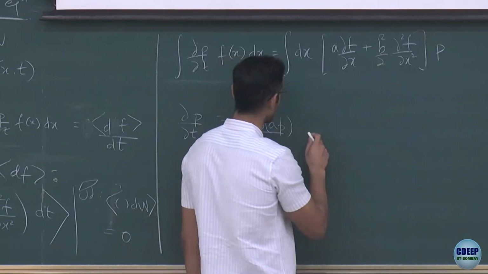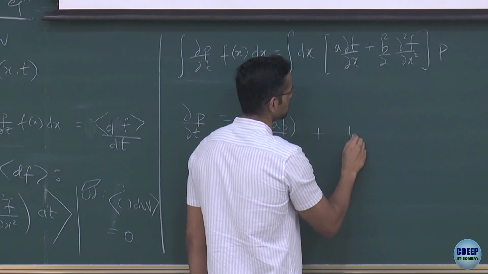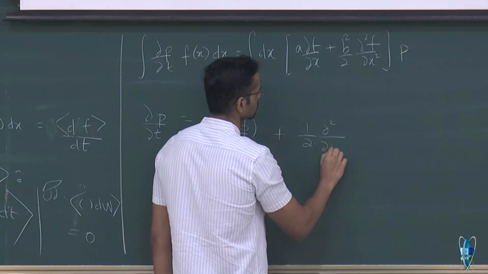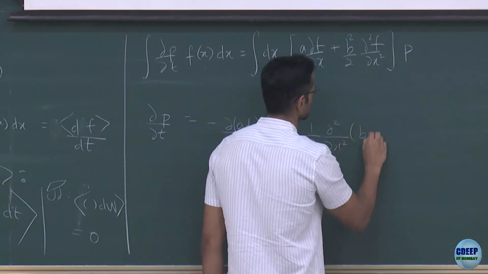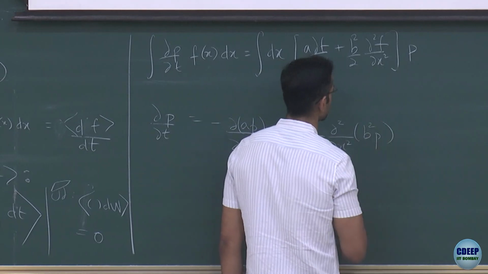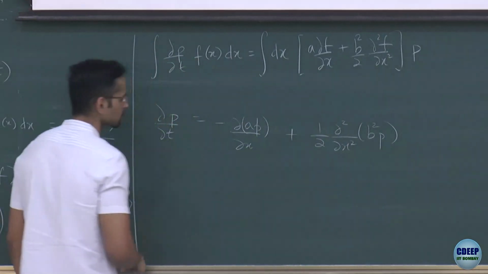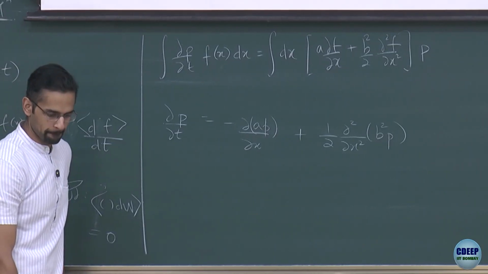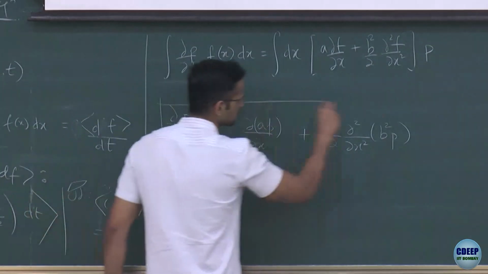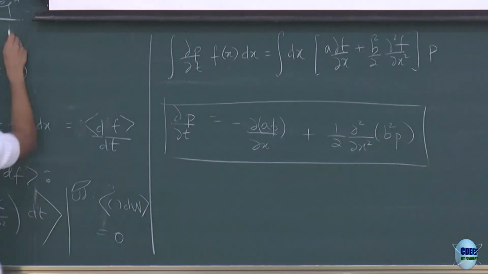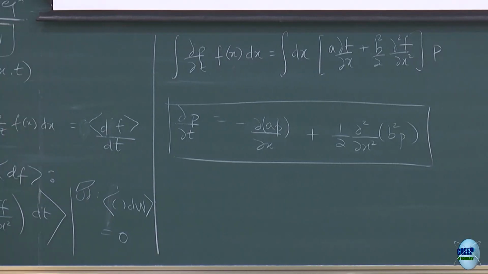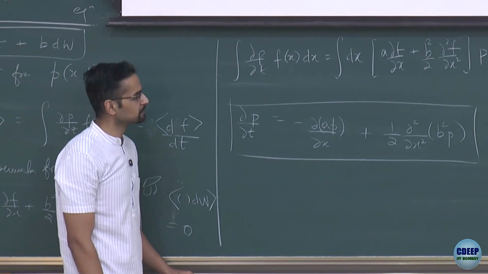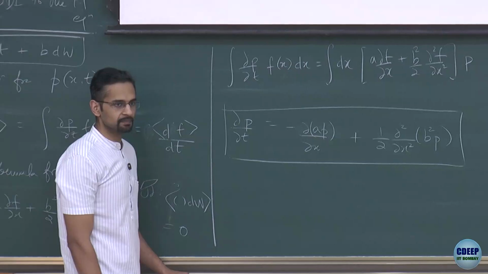And here I have to do 2, so the minus will go out, and I'll get, and that's my Fokker-Planck equation, which corresponds to this SDE.